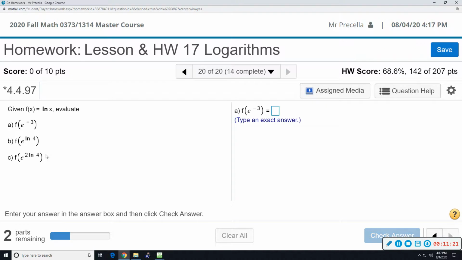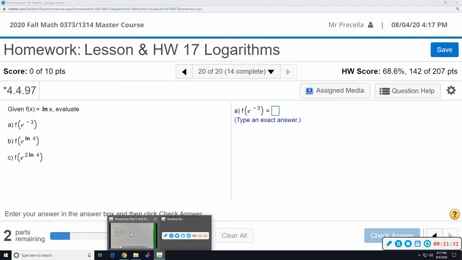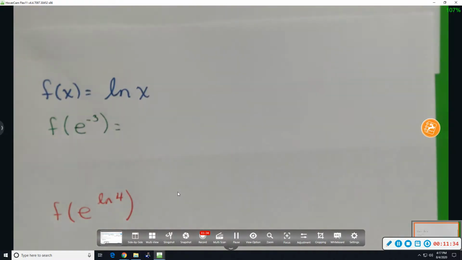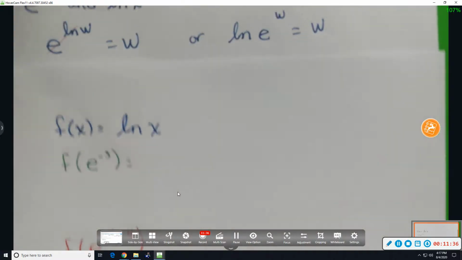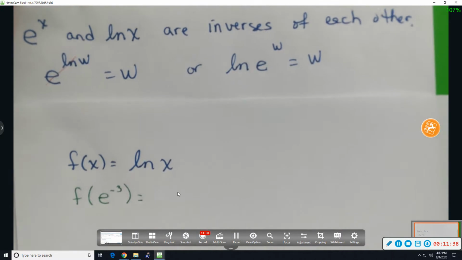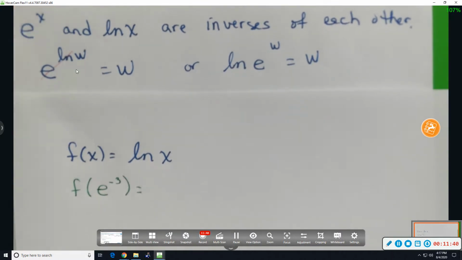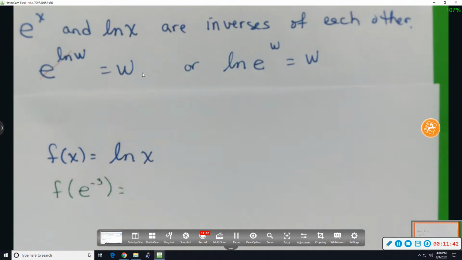Okay, let me switch to the paper. Remember what we said about e and ln, the natural exponential and the natural logarithmic functions being inverses. So this is number 20.